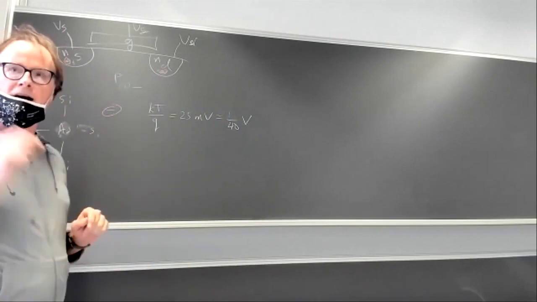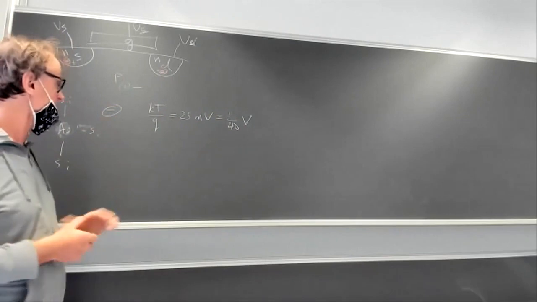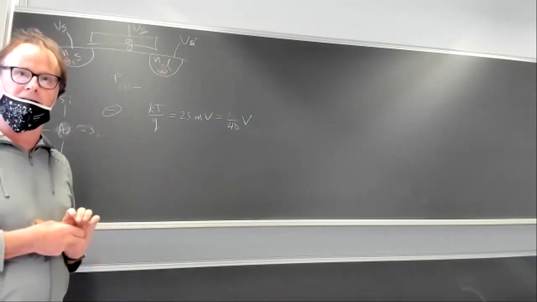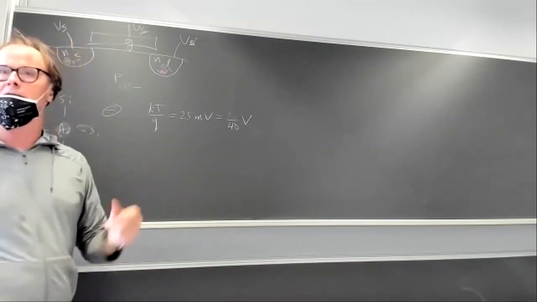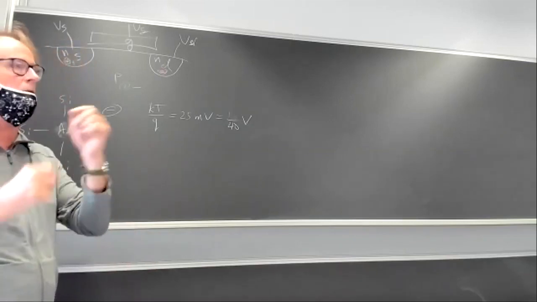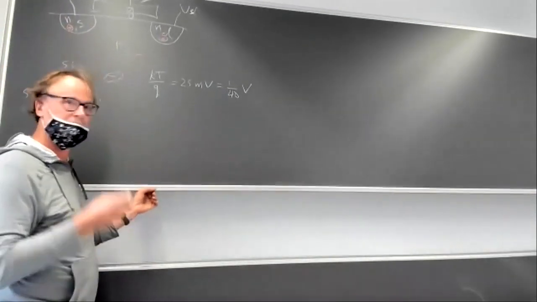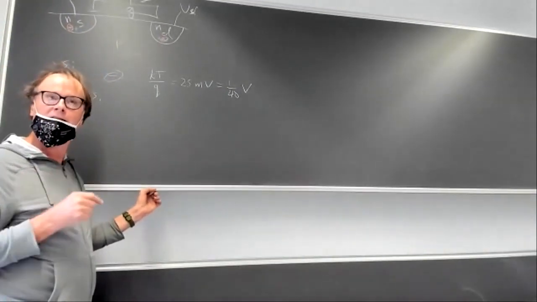Let's compute how fast, this is actually a cool calculation, these electrons and holes are whizzing around at room temperature. How can we calculate that? You think they're just kind of slowly moving around? They're actually very fast. How do we calculate it? It's very simple. The kinetic energy.